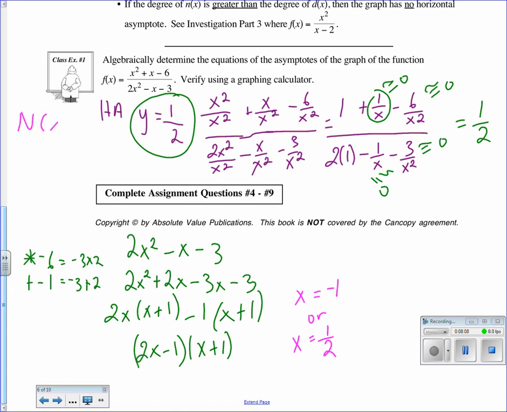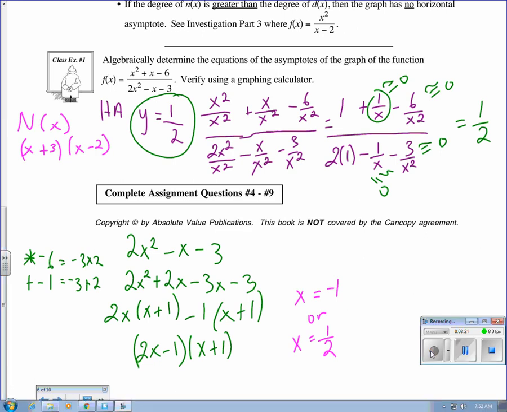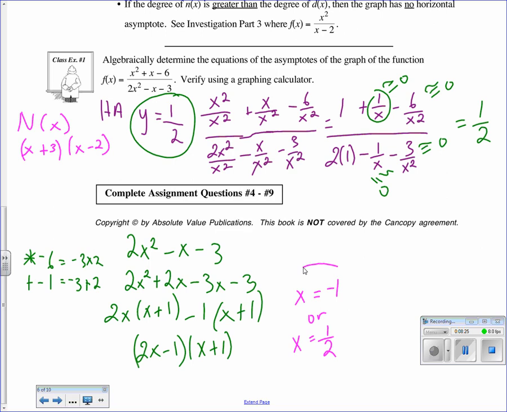So the numerator factoring is x plus 3, x minus 2, which doesn't cancel anything in my denominator. So I have 3 asymptotes to worry about. I've got asymptotes that are vertical, that the graph will not cross. And I've got a horizontal asymptote at 1/2.